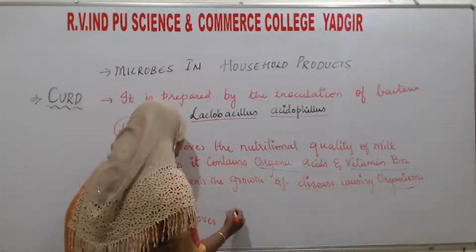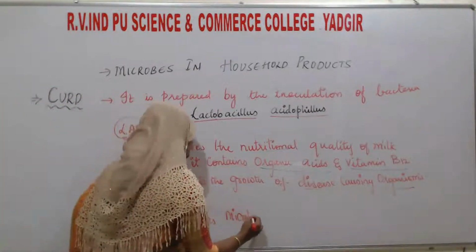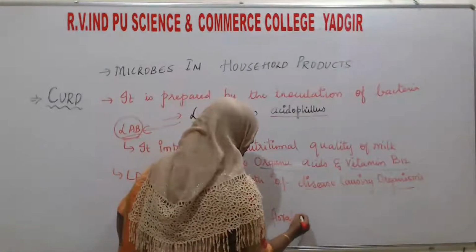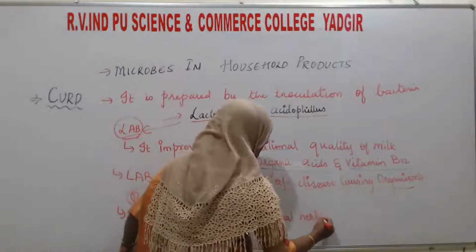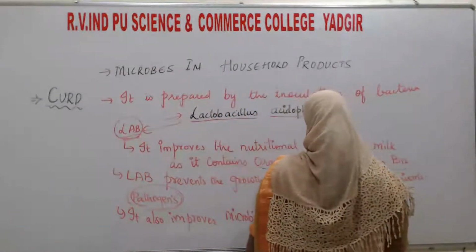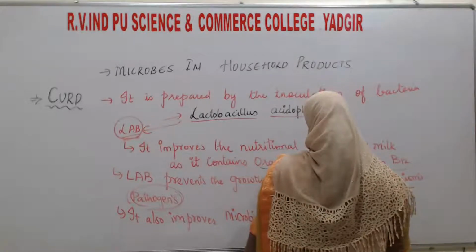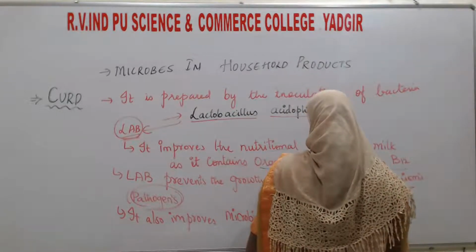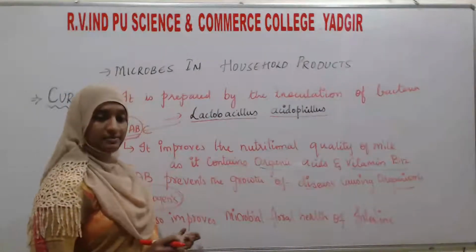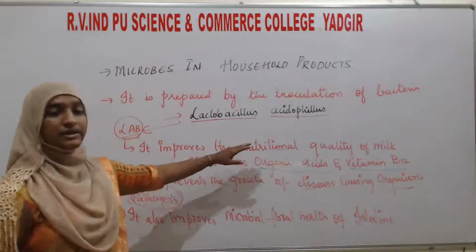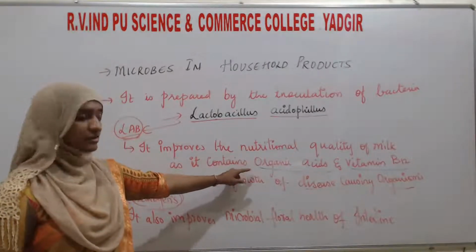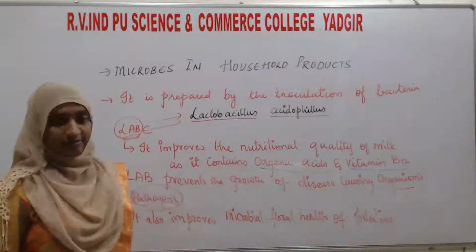microbial flora health of the intestine. So here, whatever the lactic acid bacteria is there, first thing, it improves the nutritional quality of milk by producing certain organic acids and vitamin B12.